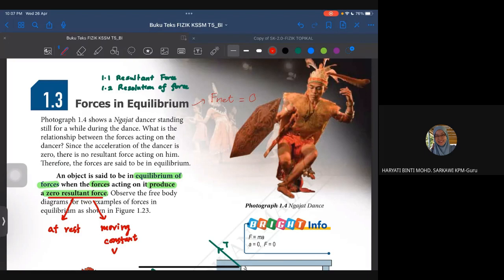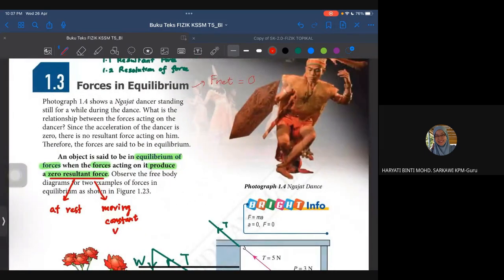And you also need to know that there are two situations where the net force is equal to zero, meaning two situations where forces in equilibrium occur. One is where the object is at rest. Another one is where the object is moving at a constant velocity.